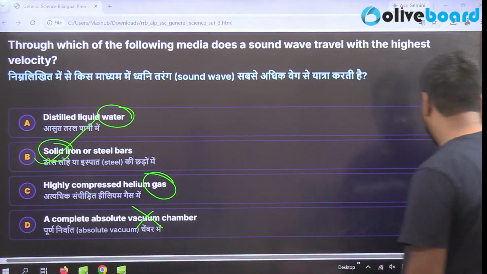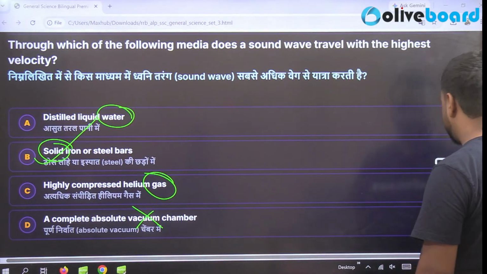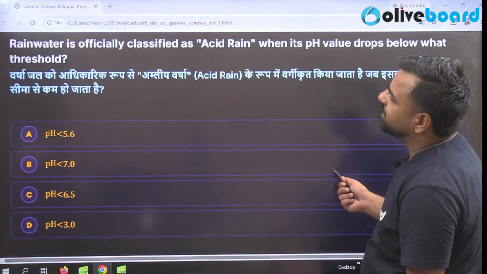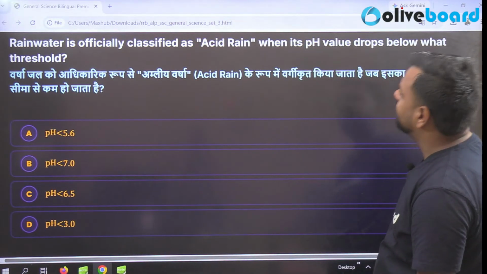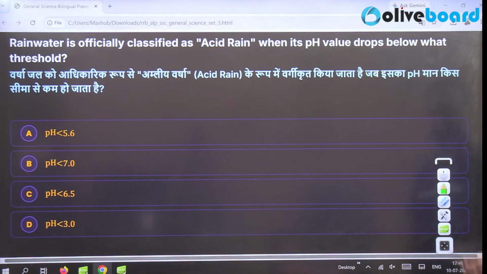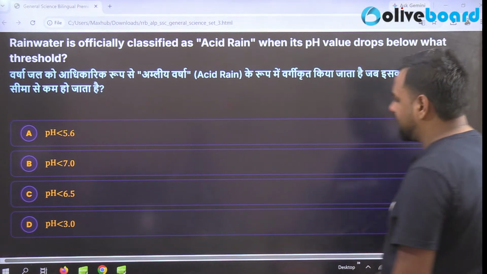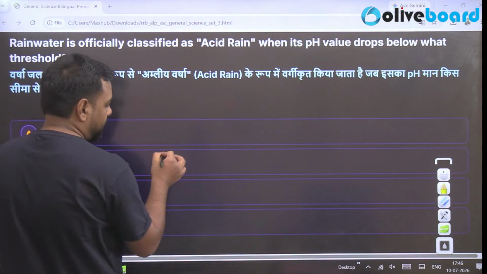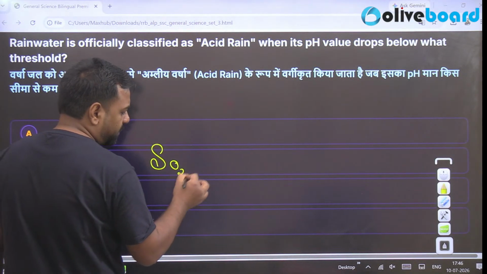That's great, man. Proceeding further, and let's see what's the next question. That's from the chemistry. Rainwater is officially classified as acid rain when its pH value drops below what threshold? So since it is talking about acid rain, you must understand what acid rain is, guys. Acid rain is a rain which is formed because of particular gases.